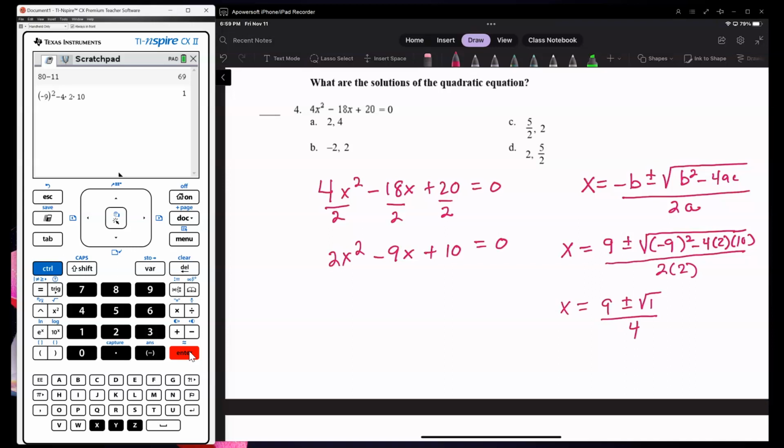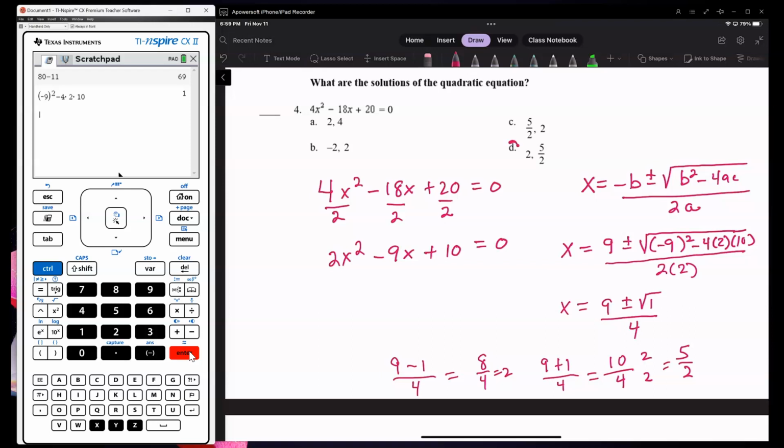And we know that the square root of 1 is 1, so your first answer is 9 plus 1 divided by 4, which is 10 over 4, which both of these are divisible by 2, so it's 5 over 2. And the other one is 9 minus 1 over 4. 9 minus 1 is 8 divided by 4, it's 2. So your answer is 2 and 5 over 2, which in this case we have 2 answers.